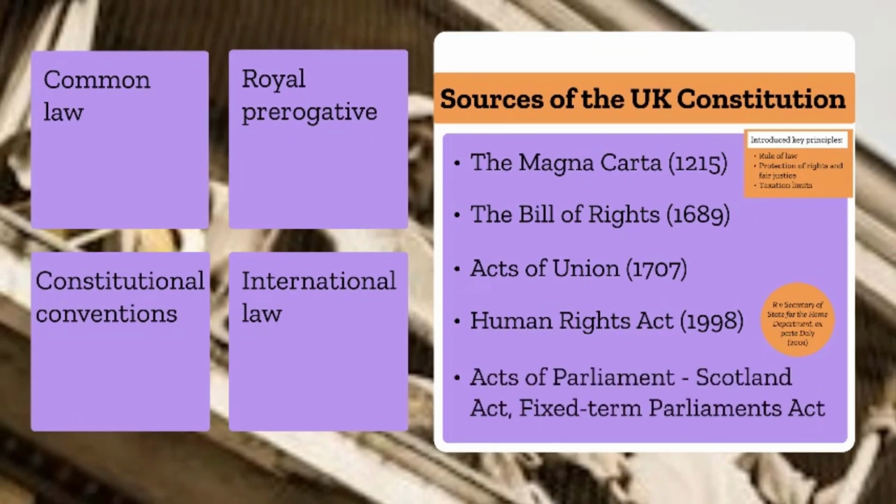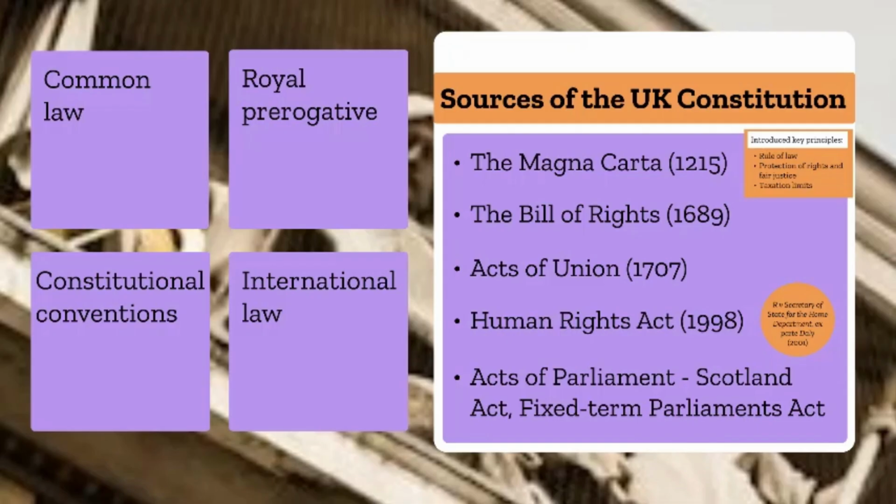And another source is Acts of Parliament. Now, Acts of Parliament are essentially statutes passed, and they're another pillar of the UK Constitution. They can be used to adapt the government to new societal changes. Of course, those are examples of why an unwritten constitution can be useful.